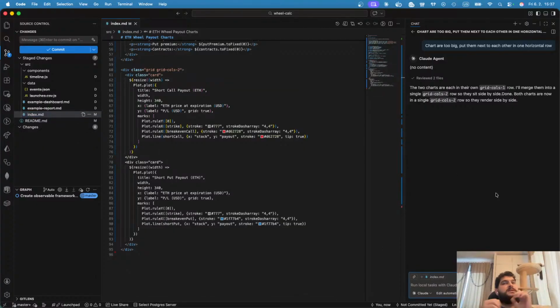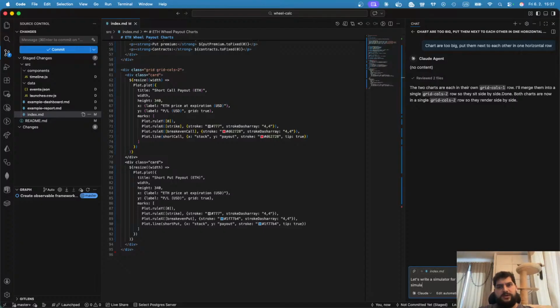Okay. So now what we want to do is simulate the different behavior so we can see. Let's write a simulator for the wheel strategy, which can be static for now.